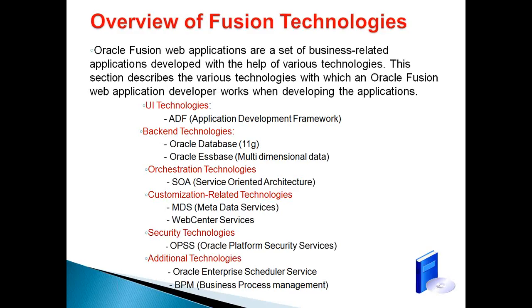There is a scheduling window available. From there we'll be able to do that. And same way another technology used is BPM, business process model or business process management, which is again used in the approvals. So these are some brief ideas about the technologies used across building the Fusion applications.